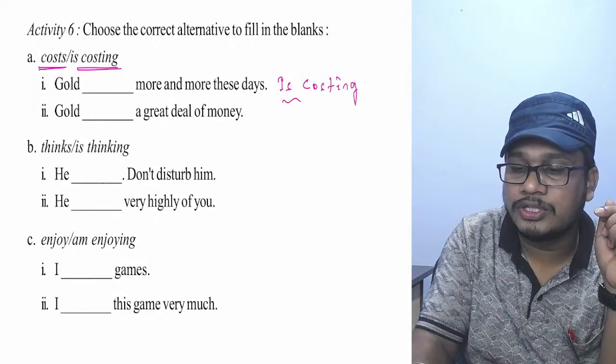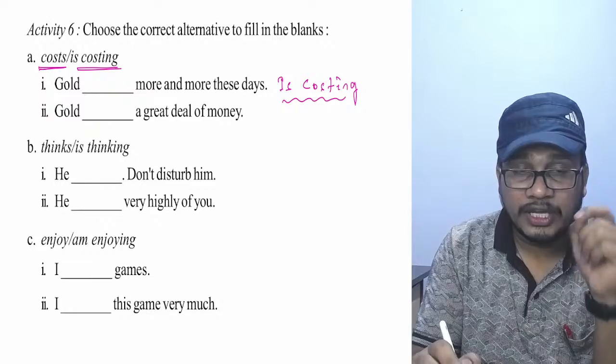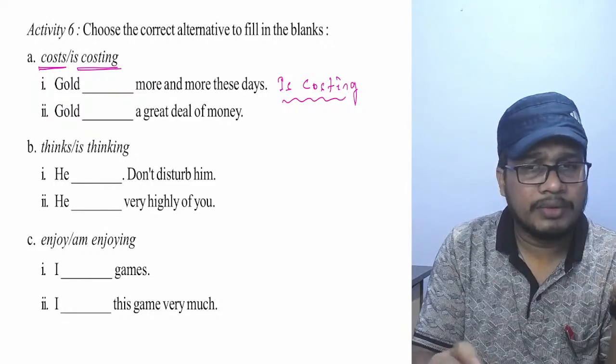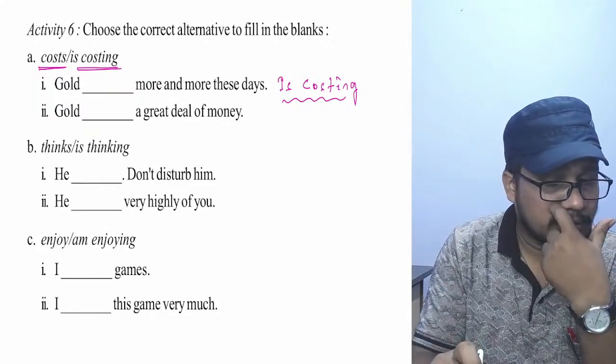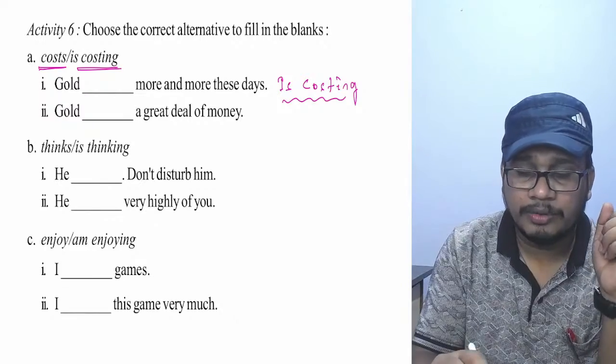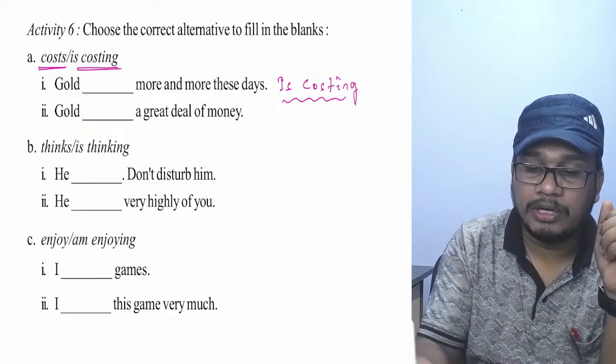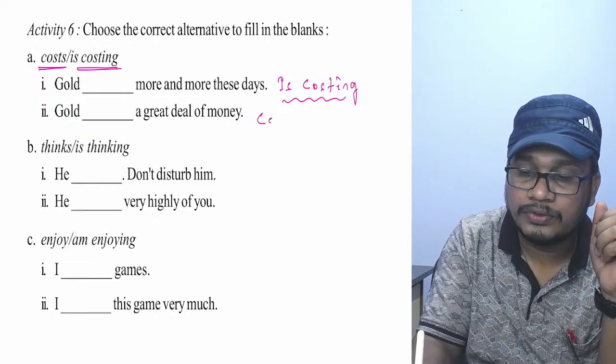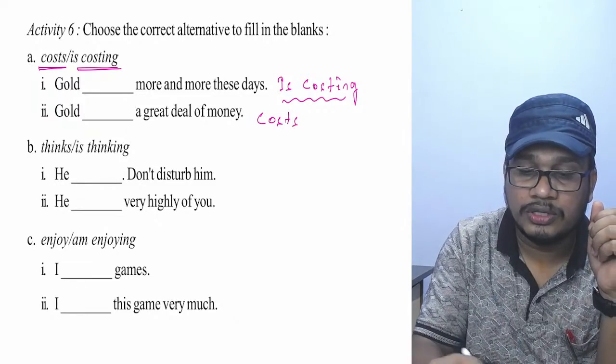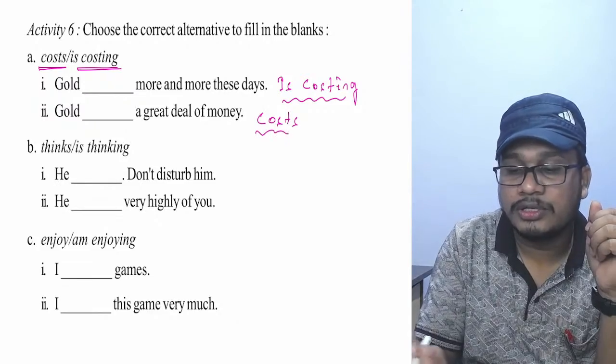Okay, so this is the answer. And the second one, definitely the other verb will be used: gold dash a great deal of money. The second one will be costs. So this one is cost.